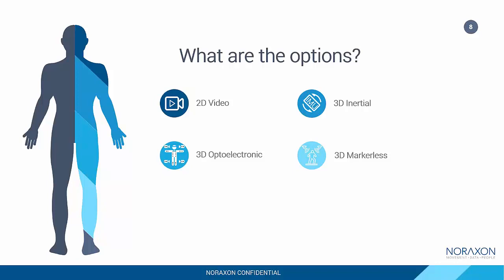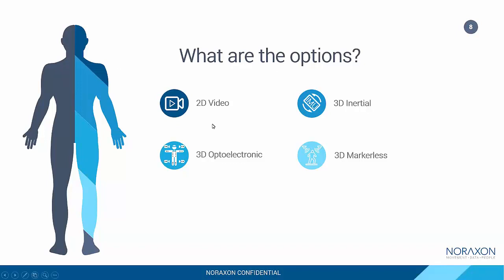So there's these emerging technologies and some of these that are more standardized. And the idea here is to be able to present them to you so that you can have a better understanding of what makes the most sense.